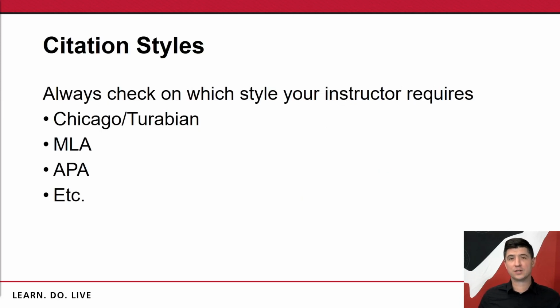The first thing you're going to need to know is what citation style is required for your paper. In my courses, which are in music history and musicology, the standard style is Chicago Turabian Style. But in other courses, you might use other styles such as MLA or APA styles.